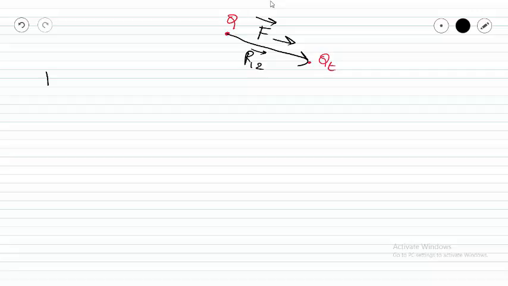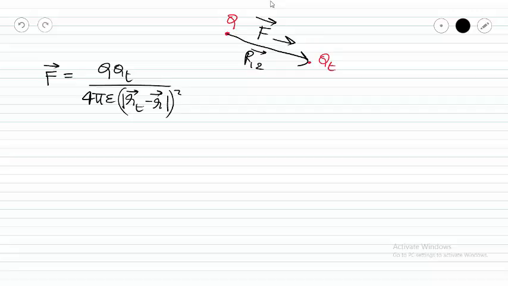The expression for force F bar is given by Q Qt by 4 pi epsilon, and the position vector will be, let us say, Rt bar minus R bar, magnitude whole cube.